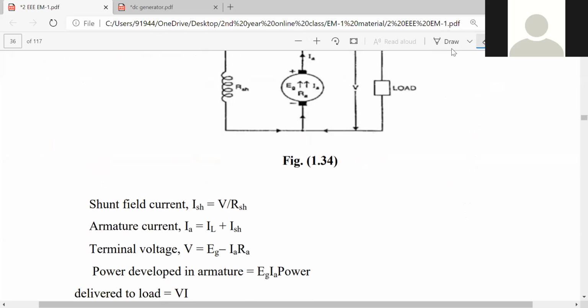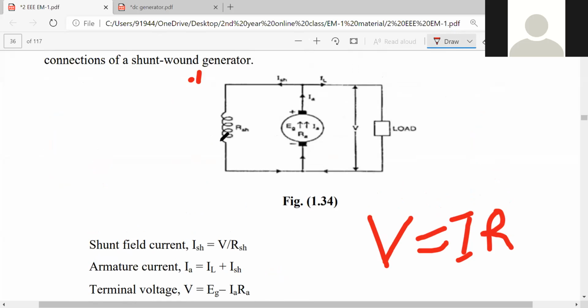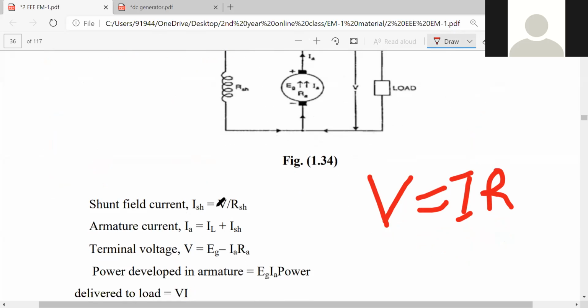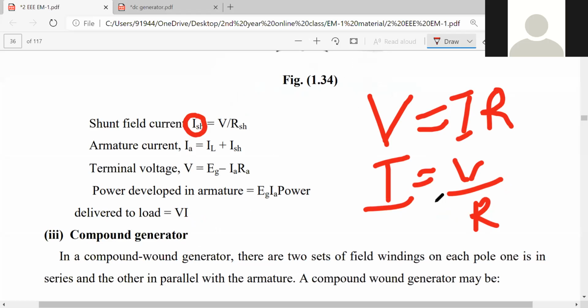According to Ohm's law, V equals IR, so I equals V by R. The resistance of the field circuit is RSH. So ISH equals V by RSH.